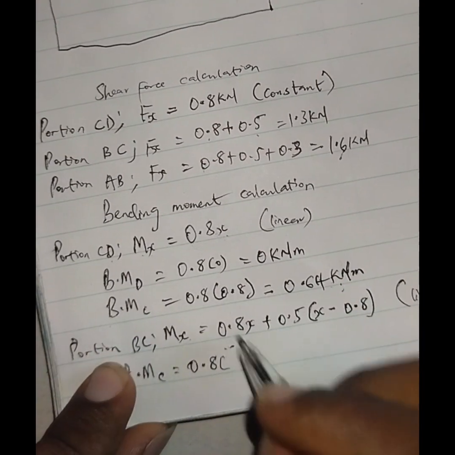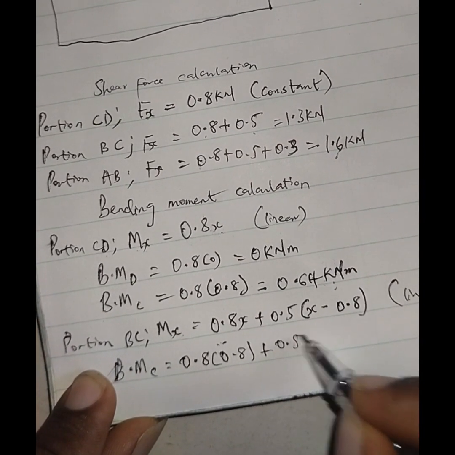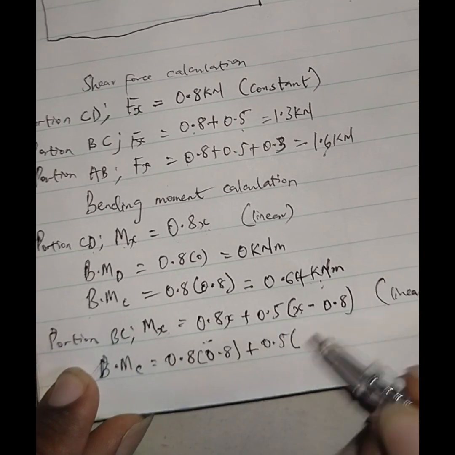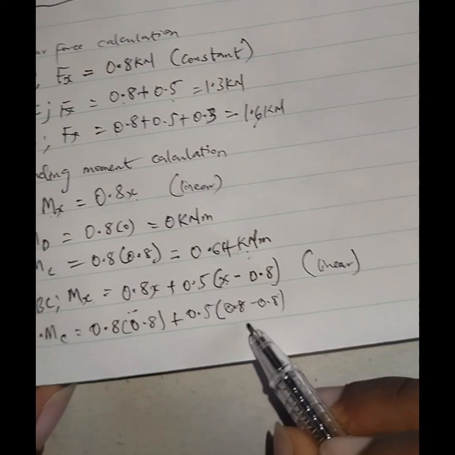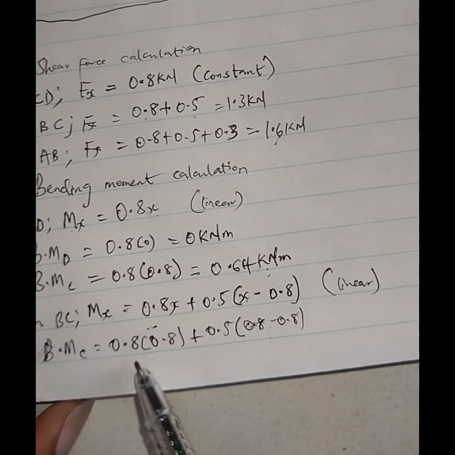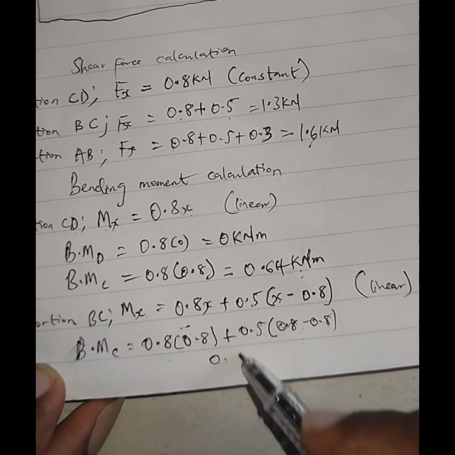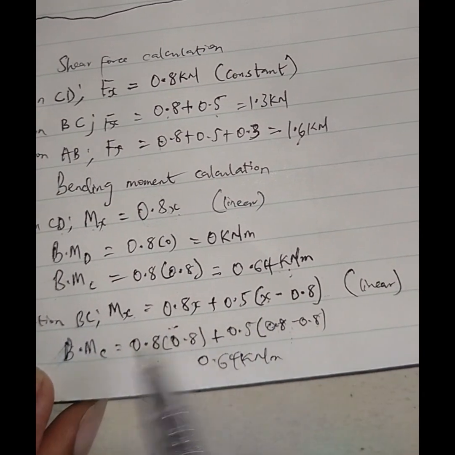So now 0.8 plus 0.5. Your C is still C now, so 0.8 minus 0.8. So 0.8 minus 0.8 is actually 0. 0 times 0.5 is 0. So this times this is still 0.64. So that is to tell you that this formula is actually correct.